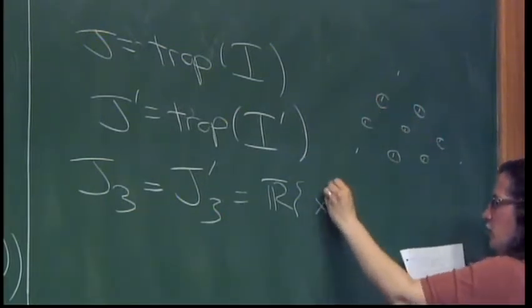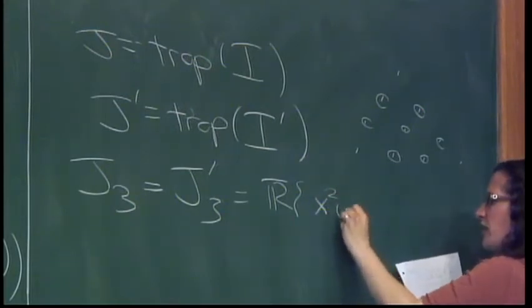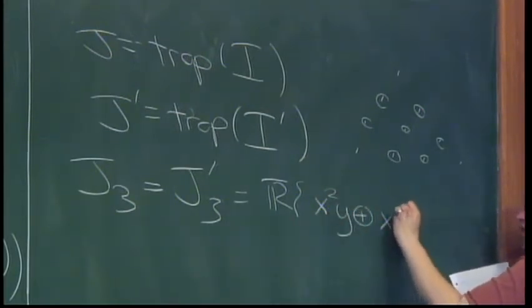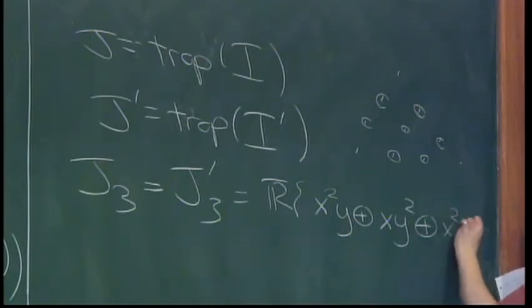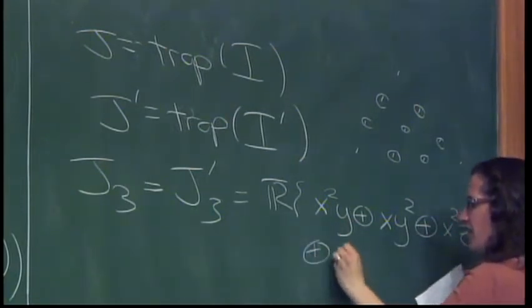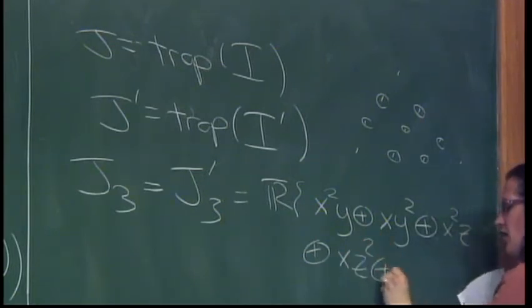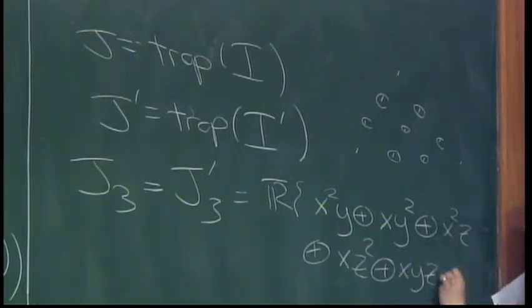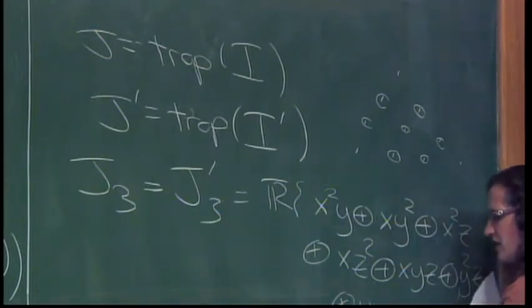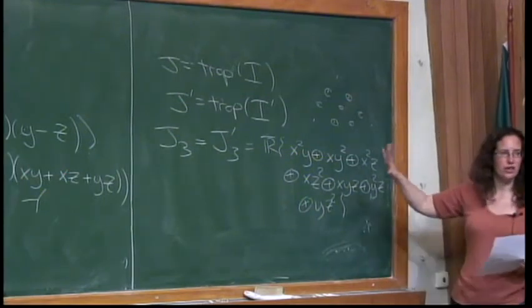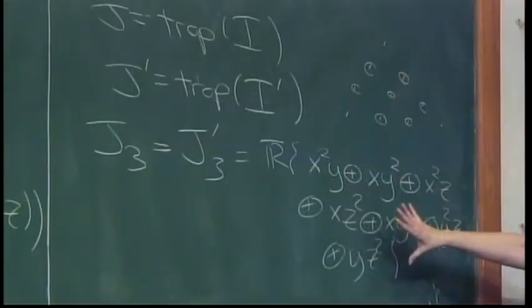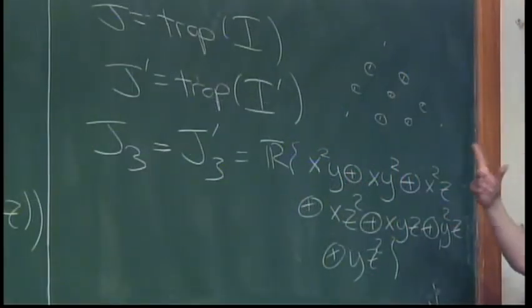So we have x cubed, x squared y plus x y squared plus x squared z plus x z squared plus x y z plus y squared z plus y z squared. Okay, so in degree 3, these ideals are the same, but in degree 4, they're different.